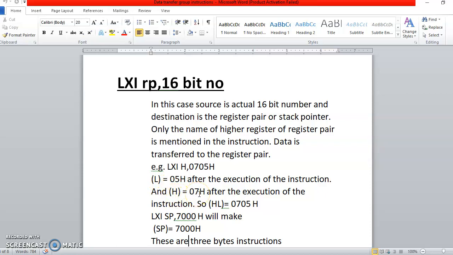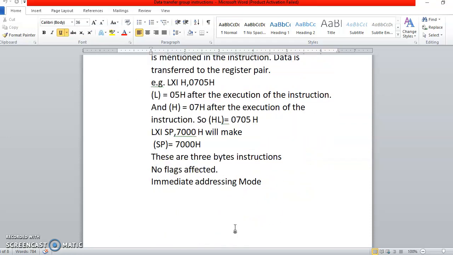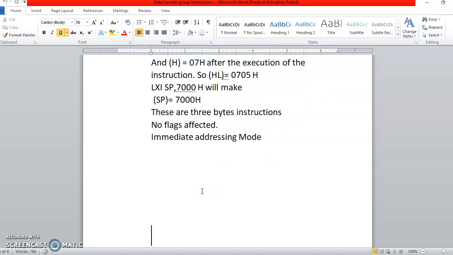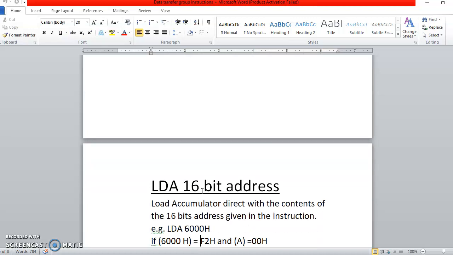After execution of this instruction, HL becomes 0705. LXI SP, 7000: the stack pointer is a 16-bit register, so in this case the stack pointer contents become 7000. These are 3-byte instructions. Again, no flags are affected and it is an immediate addressing mode instruction.